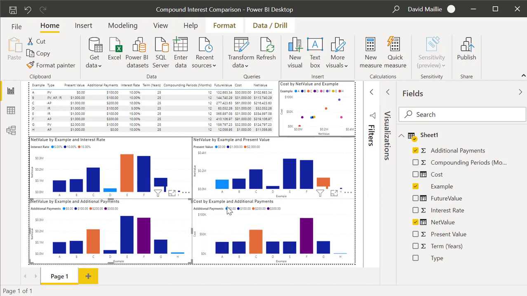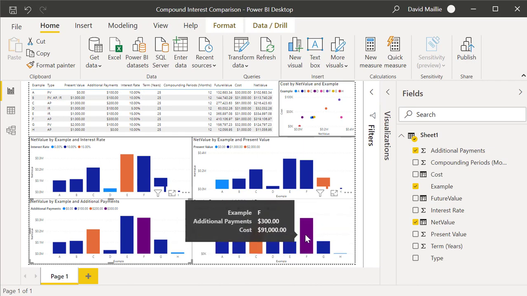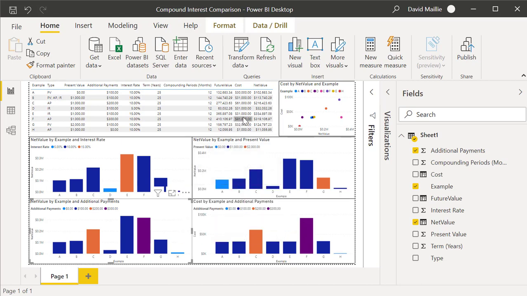And then we also have cost by example and additional payments. This is your actual cost instead of net value. F had additional payments of $300 a month, so his cost was $91,000 over the entire 25 years of the investment. He did come up with the highest future value, but that's why I wanted to show you cost and net value.